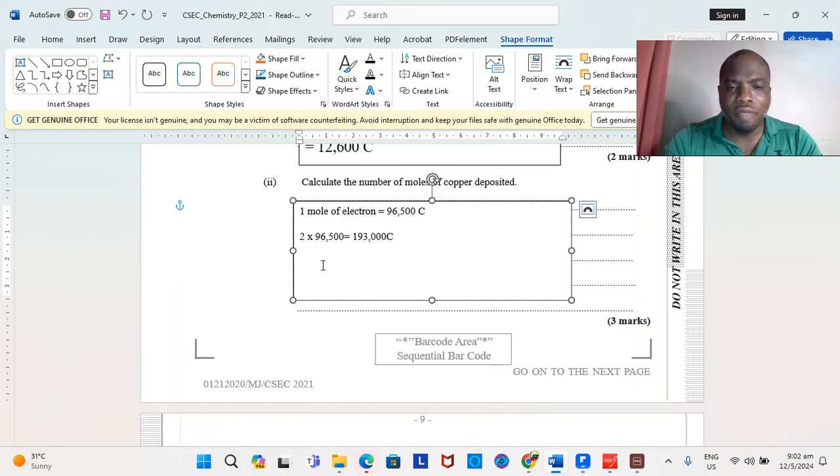We now use this information because we know in order to get 1 mole of copper, I need 193,000 coulombs, right? But for the period of time that the students were doing this electrolysis, they had 12,600 coulombs.